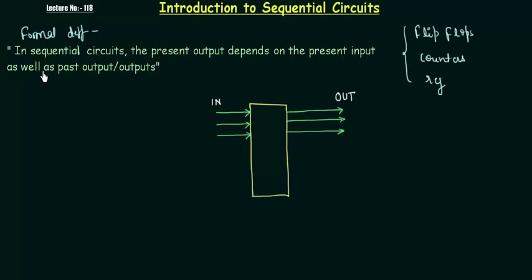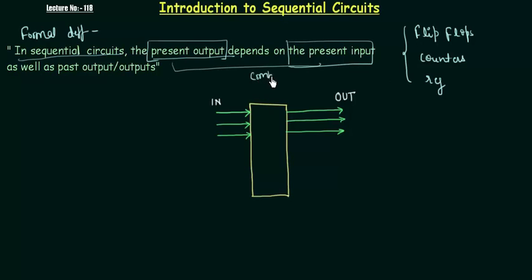You can use it if someone asks you in your exams. In sequential circuits, the present output depends upon the present input. These two things combined make a combinational circuit. In a combinational circuit, the present output depends only on the present input.